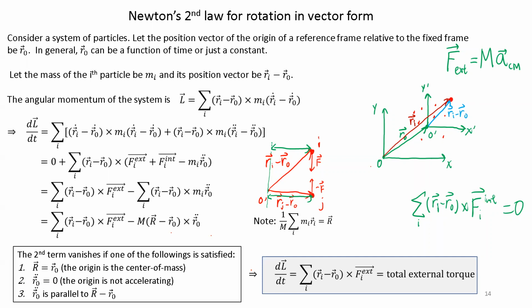Then if you still want to use this torque equals dLdt, you have to use condition 1. That is, you need to make sure that the origin of your coordinate system is at the center of mass. Okay, so this remark here is somehow related to the last chapter.